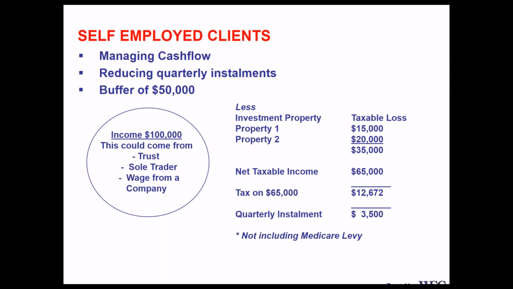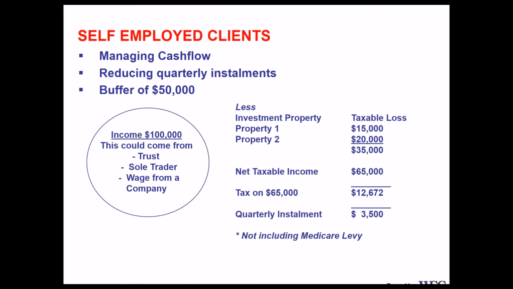We'd work out your income, and in this example you can see on the screen, income of $100,000. We then estimate, in the same way as if you were a salary and wage earner, your investment property losses. In property 1 we've got a $15,000 loss, property 2 we've got a $20,000 loss, and you've got net taxable income of $65,000. Tax on that is about $12,672.